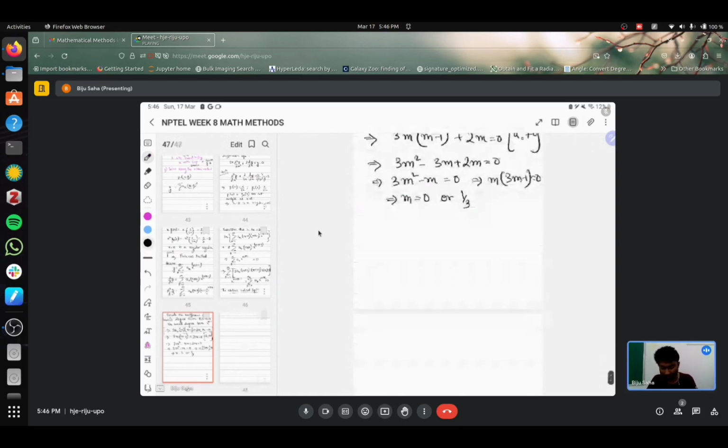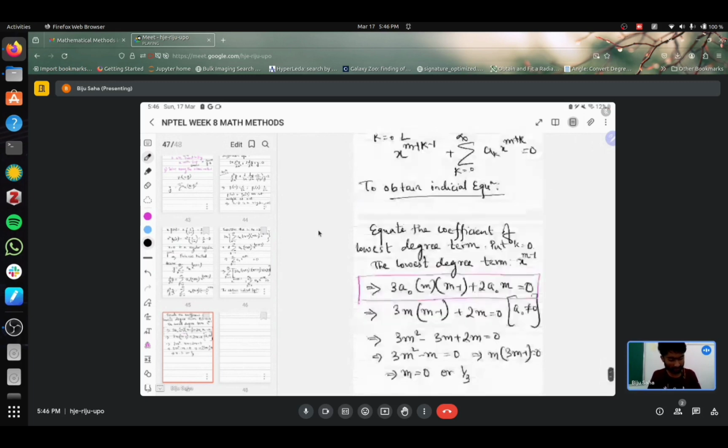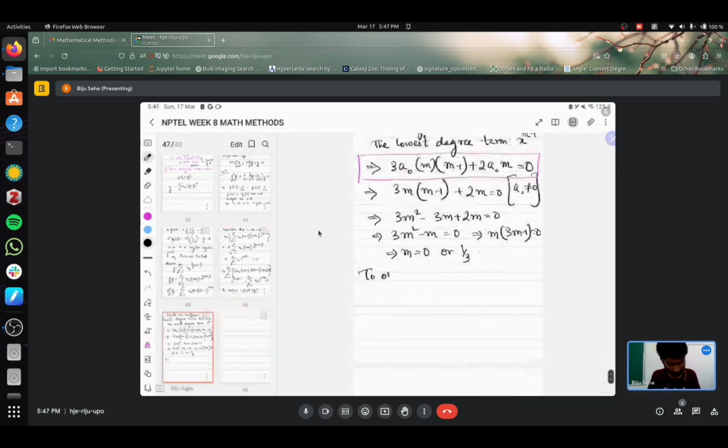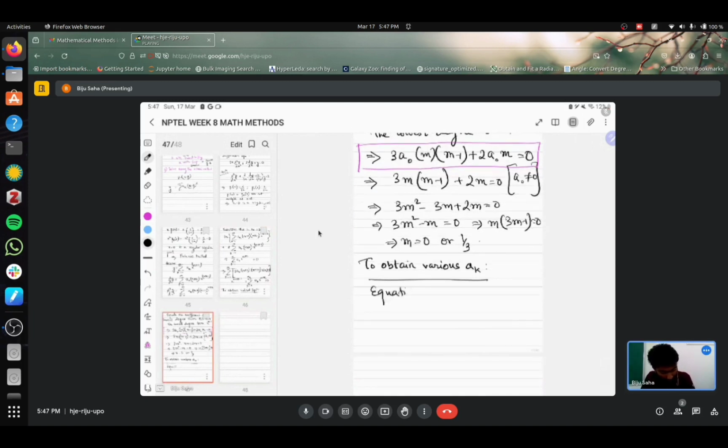So the next task is to obtain the relation between the various coefficients, that is, the various ak's. In order to do this, you equate the coefficient of x to the power m plus k.